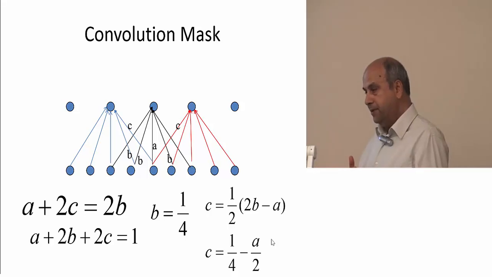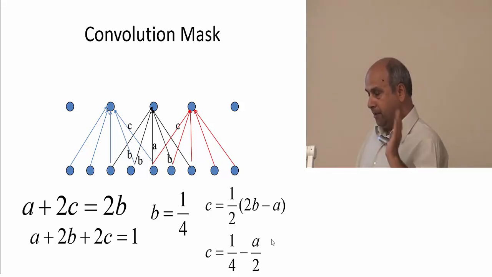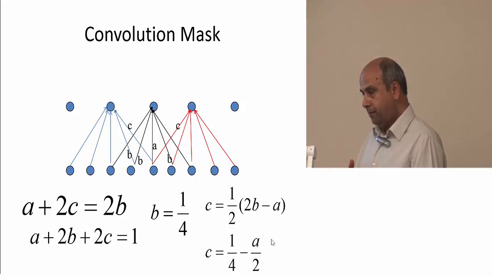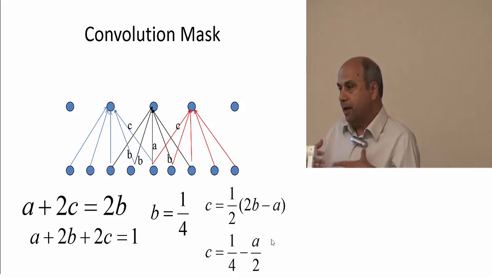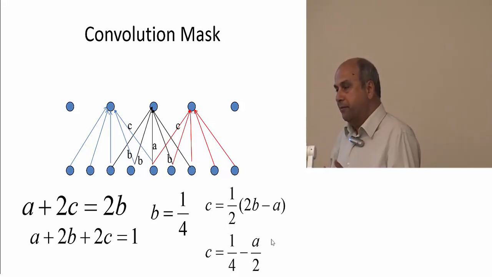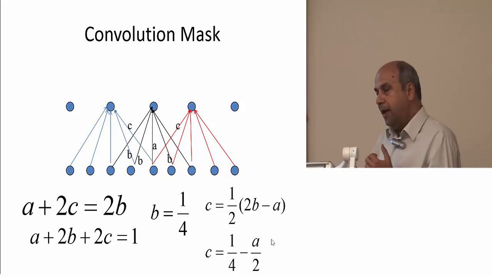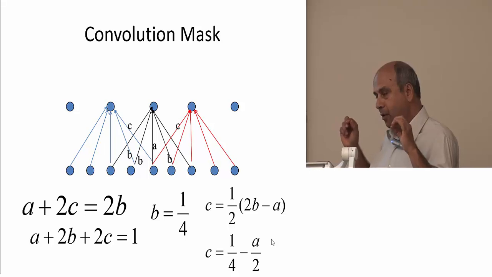We have A, B, C, and then we have the other side B, C also, and we came up with constraints that we can satisfy: they should sum to 1, they should be symmetric, and the nodes from the lower level to the higher level should contribute equally.